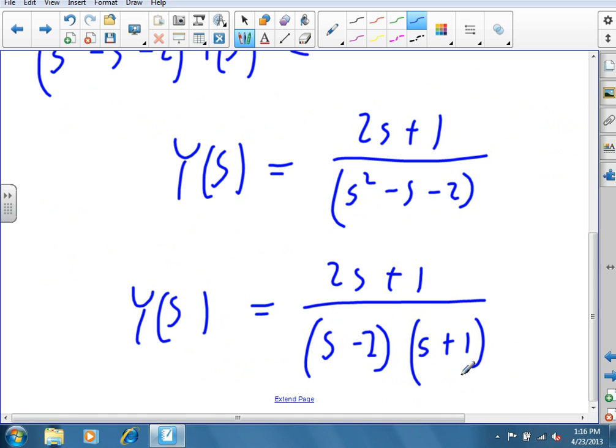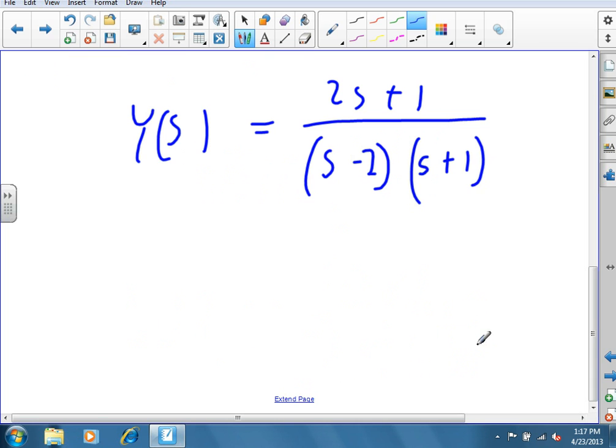And now we'll look at our Laplace transform table to see if we have that guy. Well, not exactly. What I would do on this particular problem is a partial fraction and say that this is going to be equal to A over s minus 2 plus B over s plus 1.